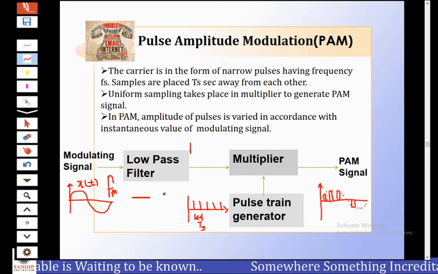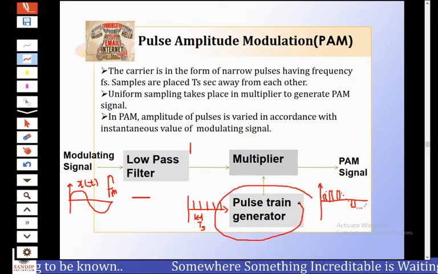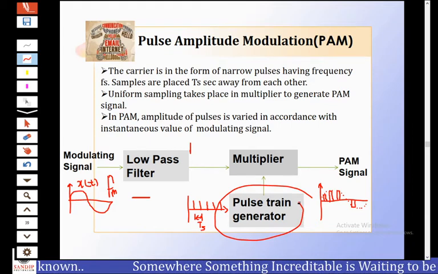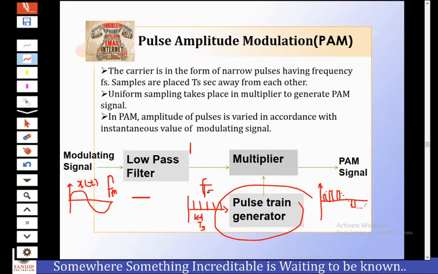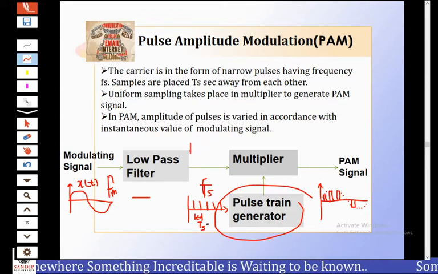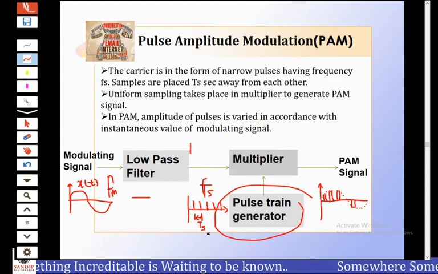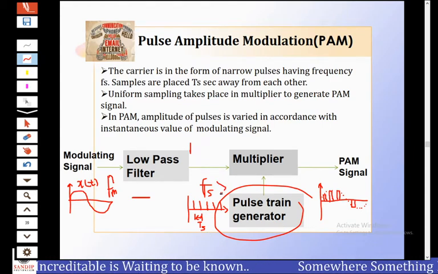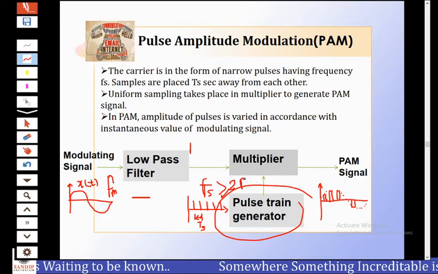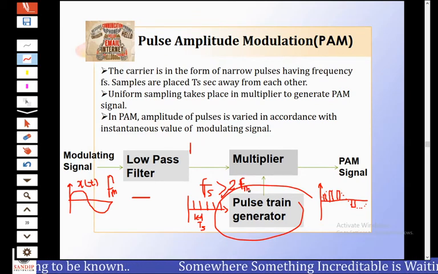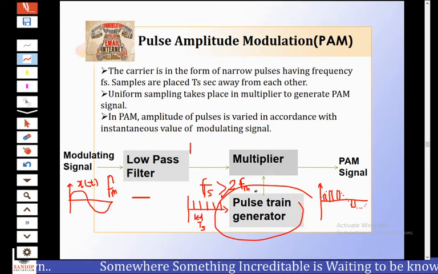The pulse train generator here generates a pulse train at frequency fs. That is, the time duration between these two pulses is Ts, such that fs is greater than or equal to 2 into fm. Thus, the Nyquist criteria is satisfied.